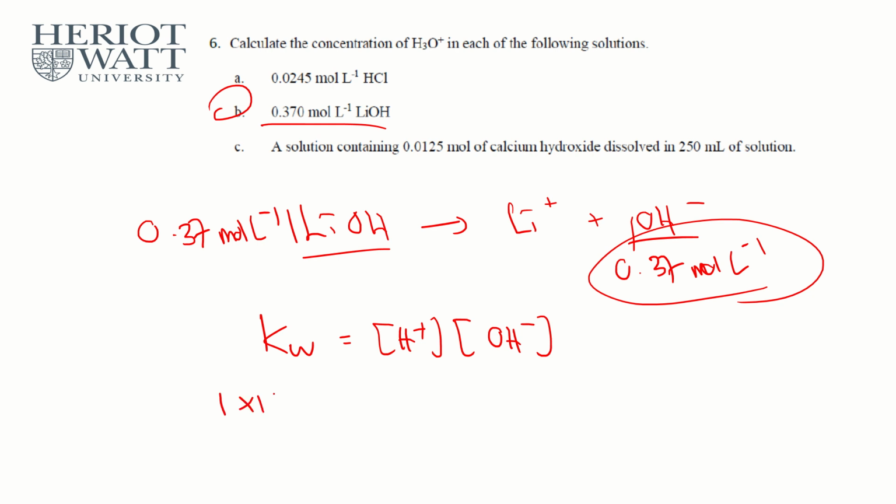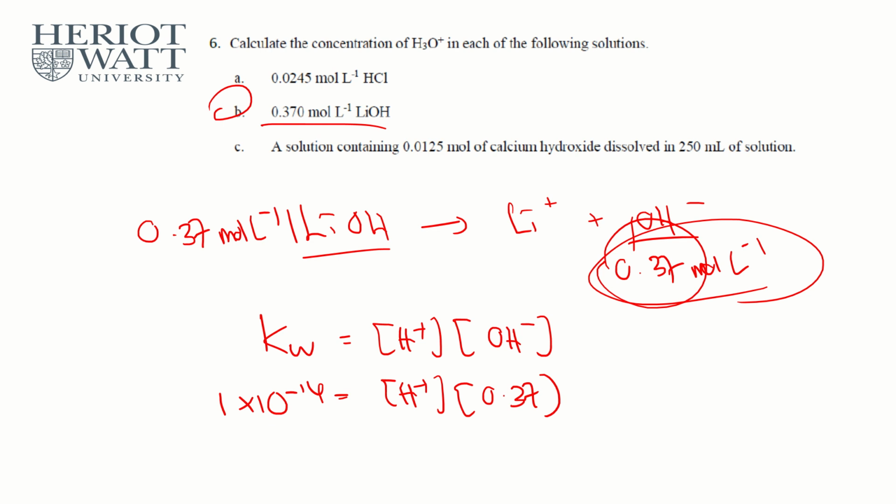And here 1 times 10 to the power of negative 14 equals the concentration of H plus times the concentration of OH. Put it in, because all of it is in water, right? So we can use this water constant to calculate. So we put in the 0.37, and then from here we can get the concentration of H plus.